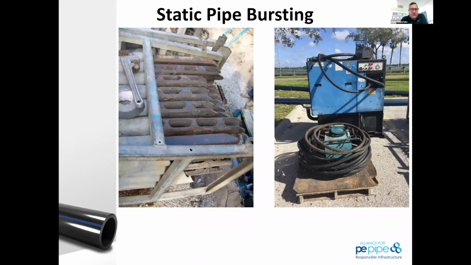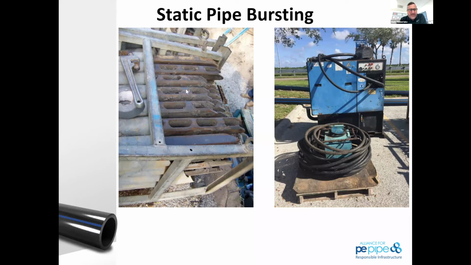The next one is going to show what the rod configuration is. The picture on the left shows the quick lock or the ladder style rod. Other manufacturers make a similar rod that has a threaded end. The picture on the right is going to show what the hydraulic power pack is that's going to run that. That's typically a 50 or a 75 horsepower hydraulic power pack that it takes to run that unit.